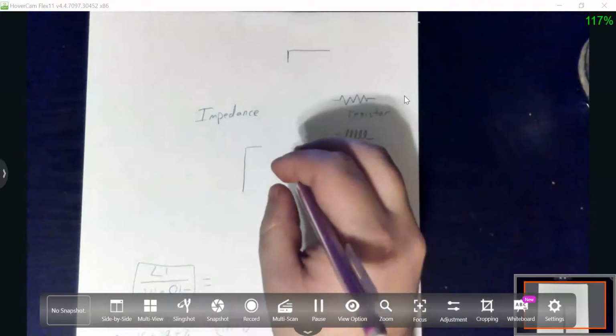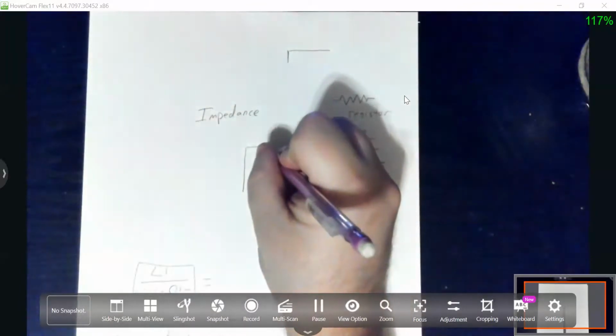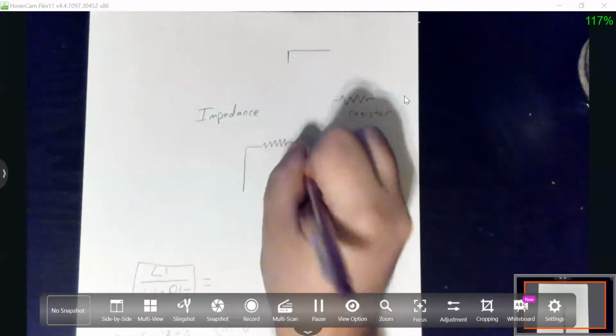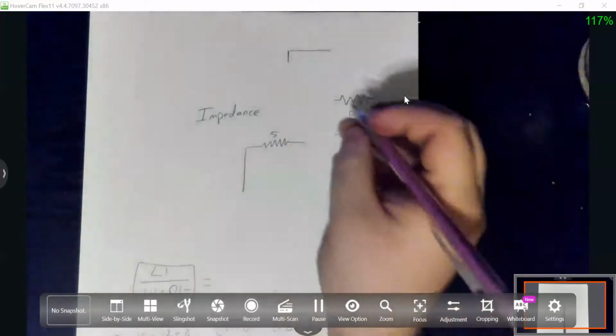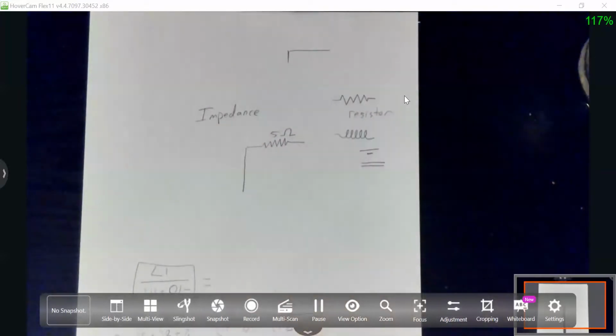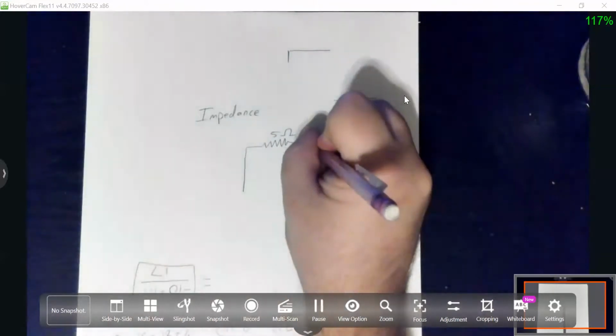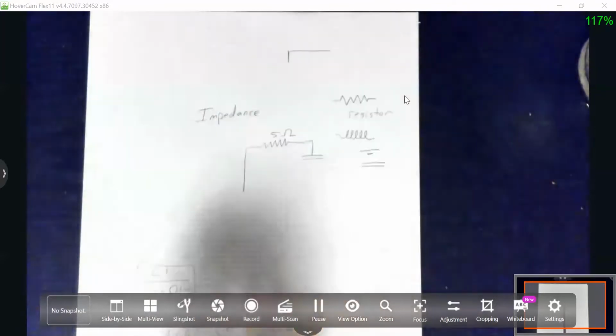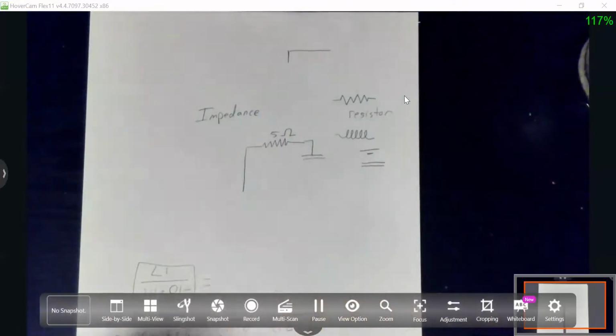So let's say, for example, I'll do a quick circuit diagram. We have a resistor up here with a resistance of 5. Resistance is measured in ohms, which is a funny horseshoe symbol that I'm really bad at drawing. Maybe we have something else that's affecting it. Maybe this one is like 4 ohms.